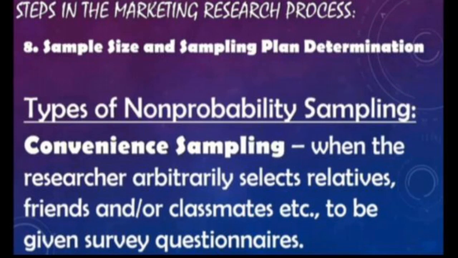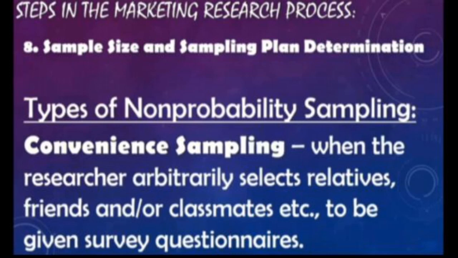So there are different types of non-probability sampling. The first one is the convenience sampling. Convenience sampling is when the researchers arbitrarily select relatives, friends, and classmates, etc. to be given survey questionnaires. By the word itself, convenience means that you are going to select samples so that you do not need to get strangers out of your comfort.